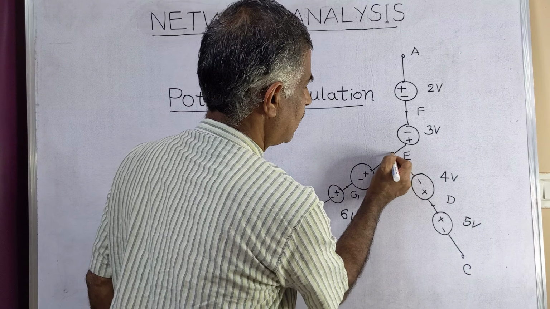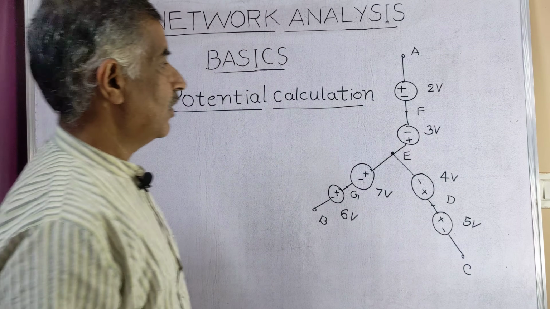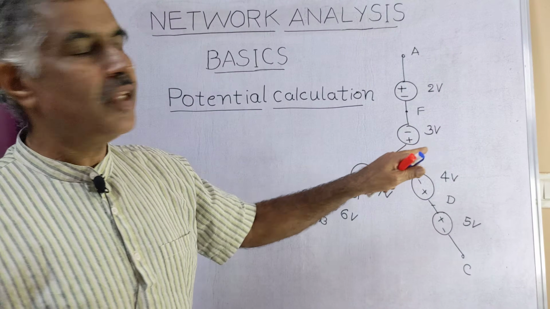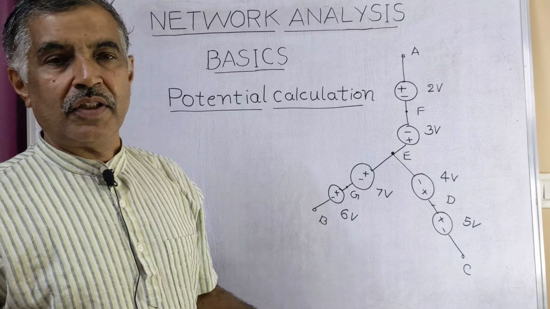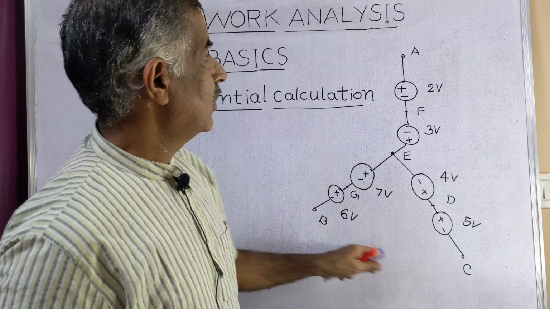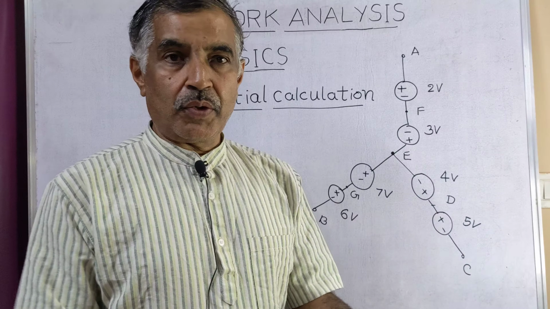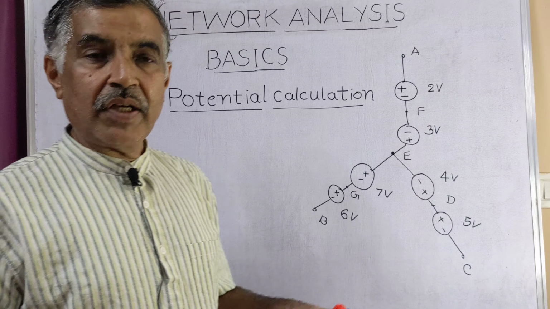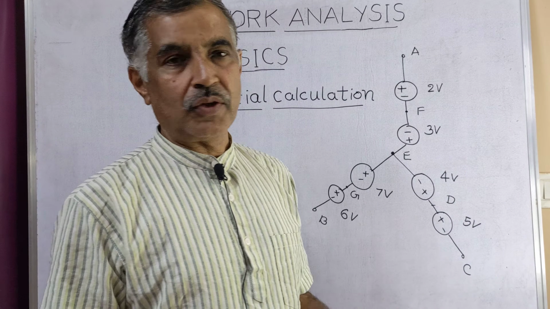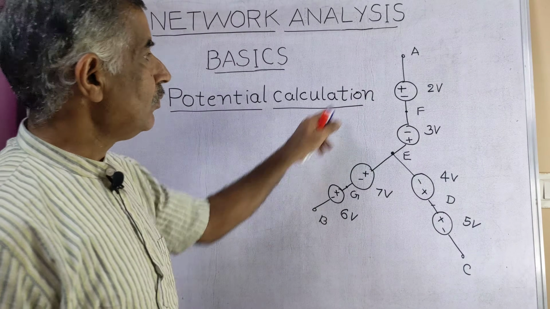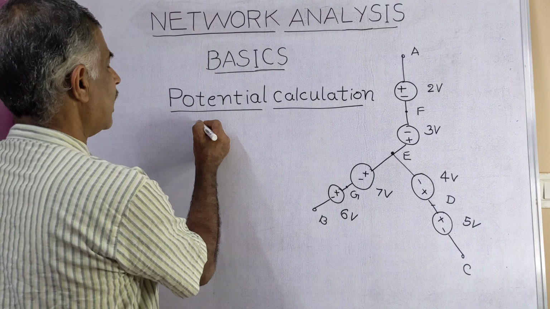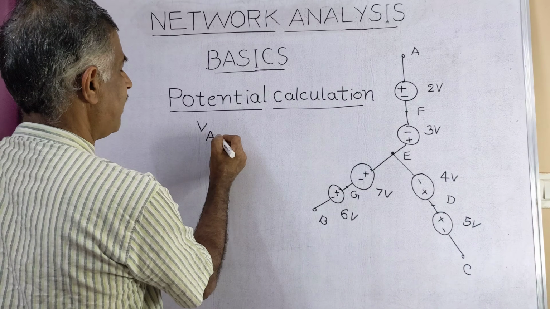Now this is what is called a network, and in this network there is no current flowing through any branch because all are open circuited. That means no current, because if current has to flow in a circuit, there must be a closed path. No closed path here.